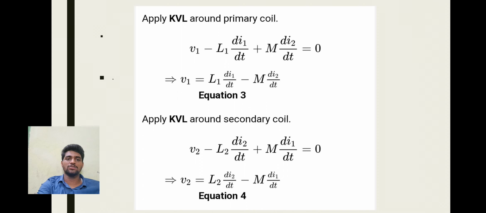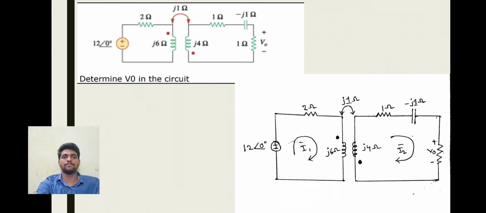It is equation 3. Apply KVL around secondary coil: V2 minus L2 di2 by dt plus M di1 by dt equal to 0. V2 equal to L2 di2 by dt minus M di1 by dt. It is equation 4.